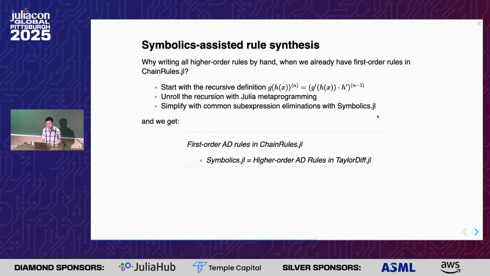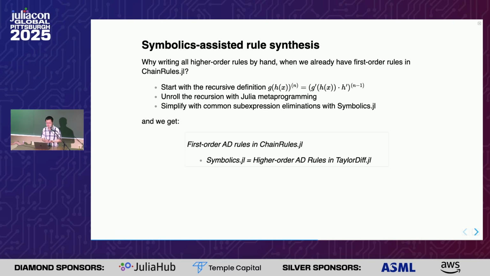And what's more important, we just said that we can handwrite some rule for maybe the exponential function and maybe a couple more, but we definitely don't want to write all the higher order rules, or we call them primitives, to support our differentiation, because we already have a library of rules which is called ChainRules.jl, and ChainRules is used by many AD packages like Zygote, Diffractor.